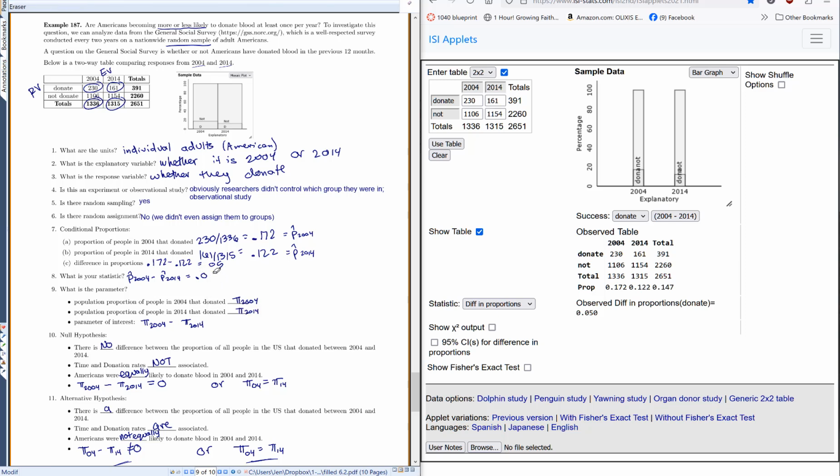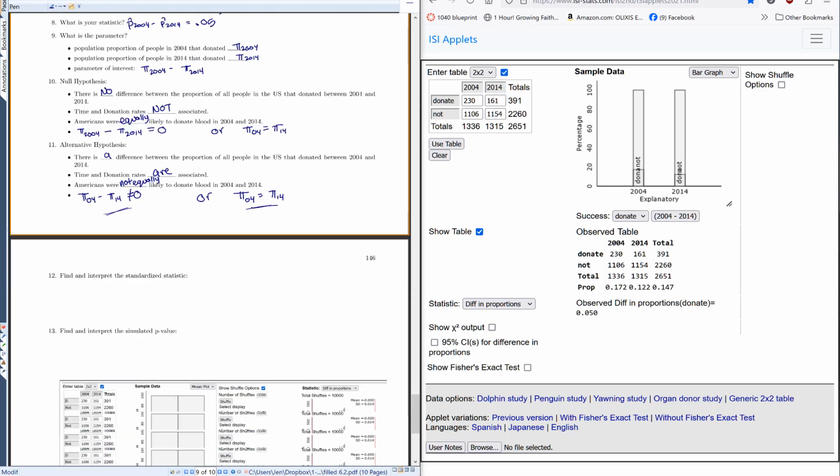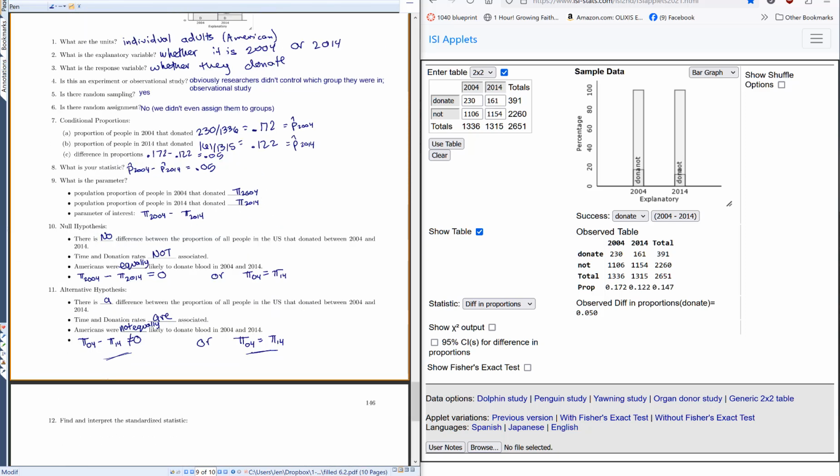I apologize for that. Again, I'm not quite sure what I put in my calculator. So when you look at it, you can see my proportion for 2004 is 0.172, my proportion for 2014 is 0.122, and my difference in proportions that I actually observed is 0.05. Okay.